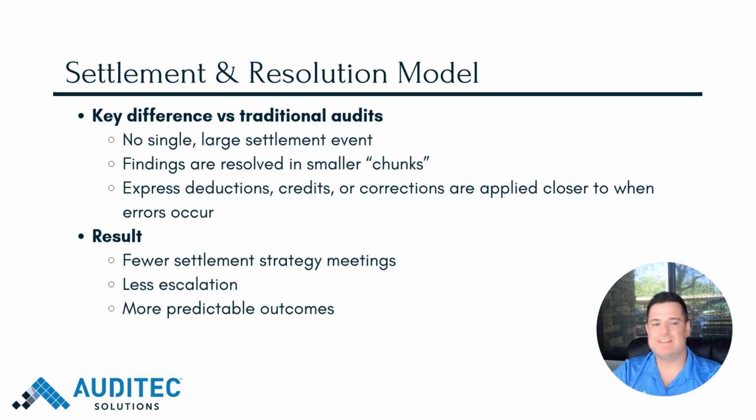Even if the supplier was wrong and admits it, that can be a pretty large check to write or a pretty large deduction to take. Instead, we're able to resolve these findings in smaller chunks. We have express deductions, credits, or corrections that are applied closer to when the transaction occurs. In most cases, we see deductions taking place in the following month.